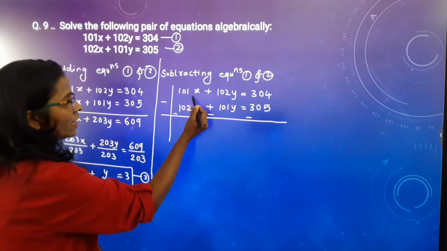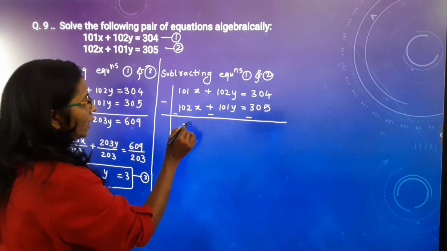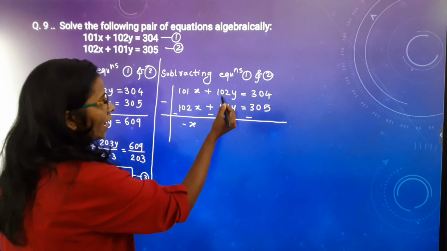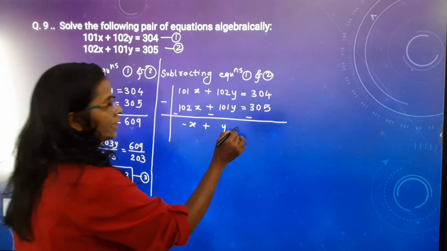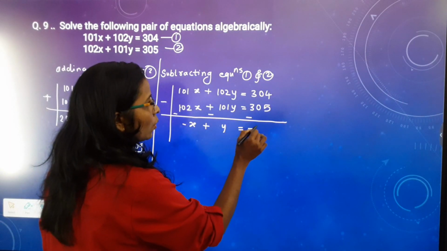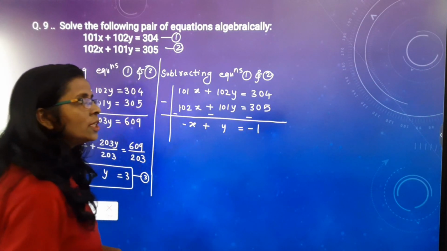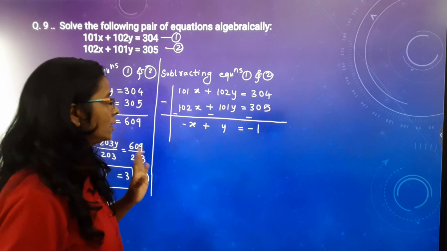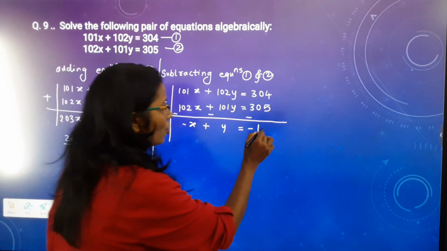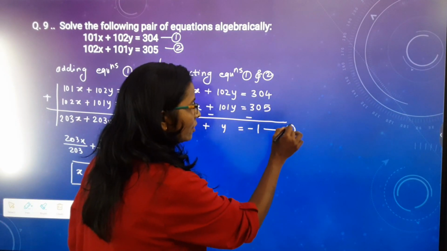So 101x minus 102x is minus 1x, and plus 1y, that means y, and here minus 1. Okay students, 304 minus 305, that is minus 1. So now call this the fourth equation.